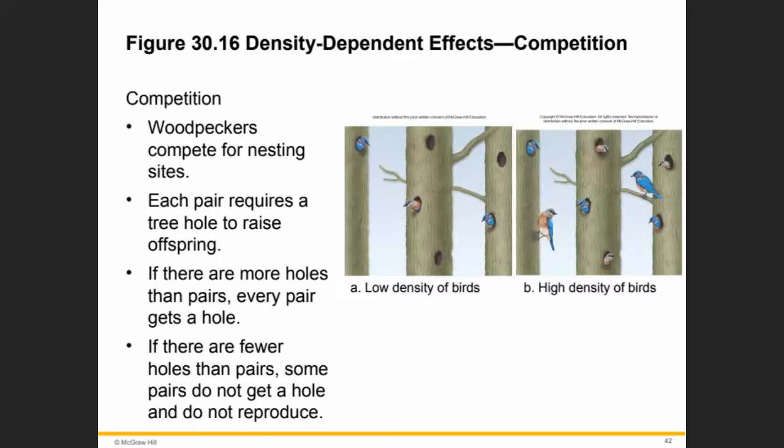Let's look at those woodpeckers. They compete for nesting sites. Each pair requires a tree hole to raise the offspring. If there are more holes than pairs, every pair gets a hole. If there are fewer holes than pairs, some pairs do not get a hole and do not reproduce.